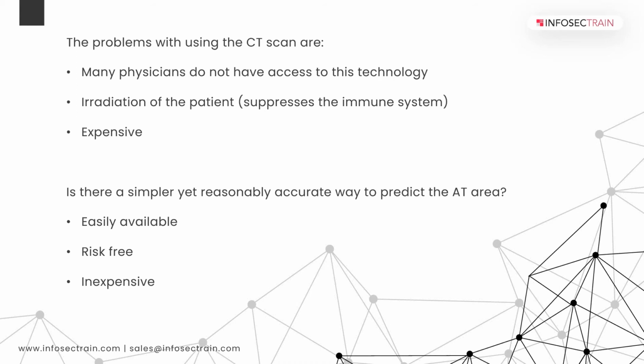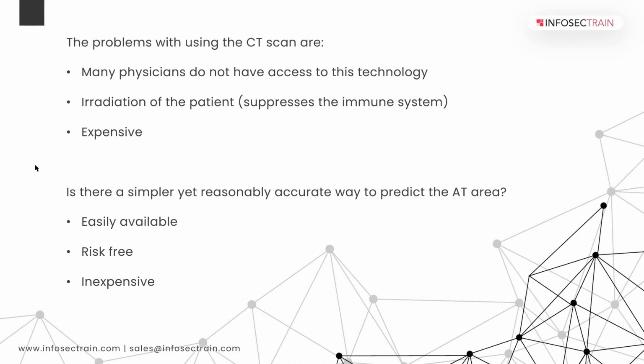As you know, one CT scan is equal to 300 to 400 X-rays, so it provides very high radiation to the patient, and it is very expensive. For one CT scan we need three thousand or more, I think.